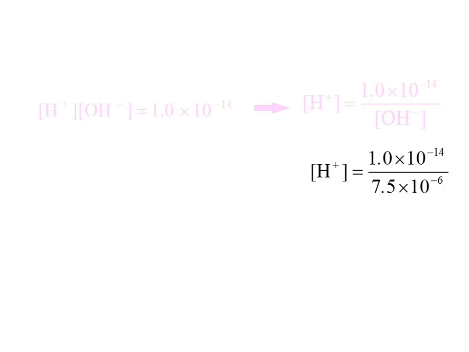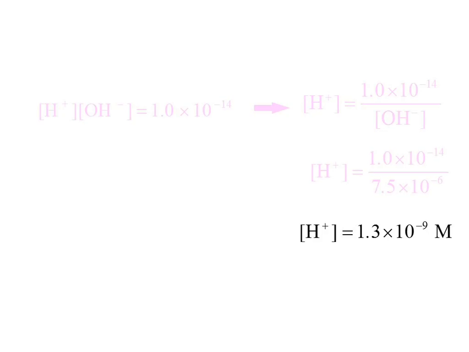So if we plug in our hydroxide ion concentration and divide it out, the molar concentration of the hydrogen ion is 1.0 times 10 to the minus 14th divided by 7.5 times 10 to the negative 6th, which is equal to 1.3 times 10 to the negative 9th moles per liter.